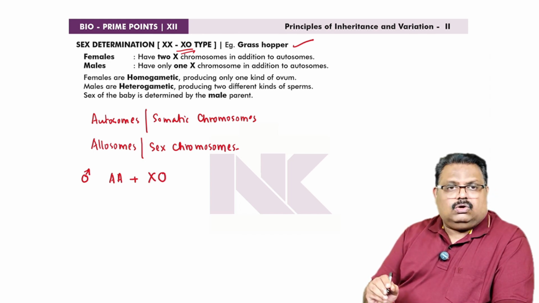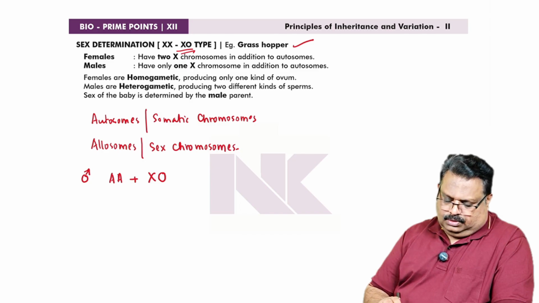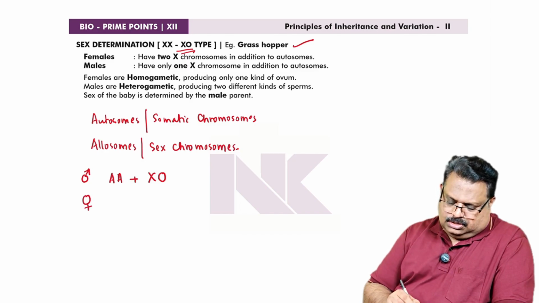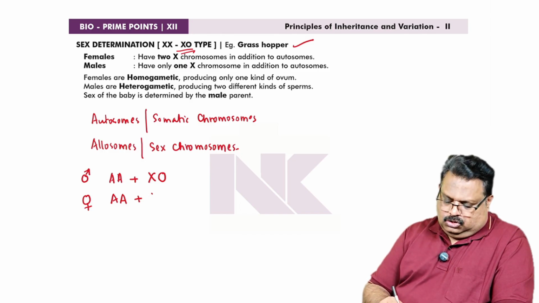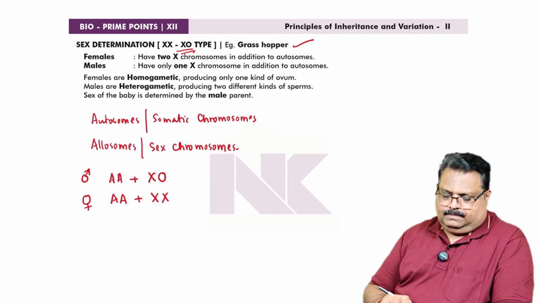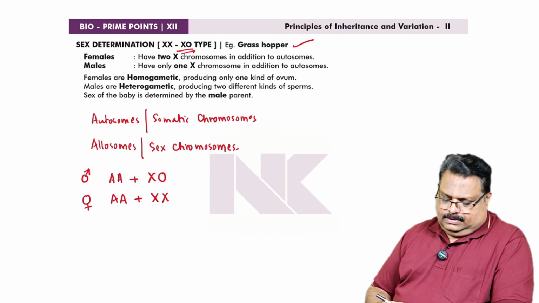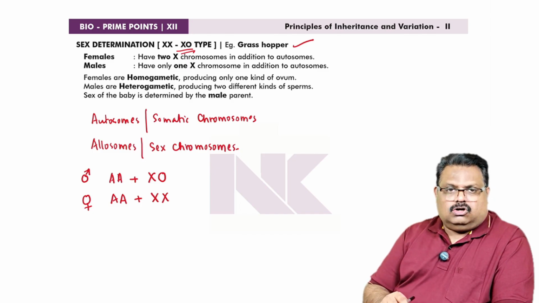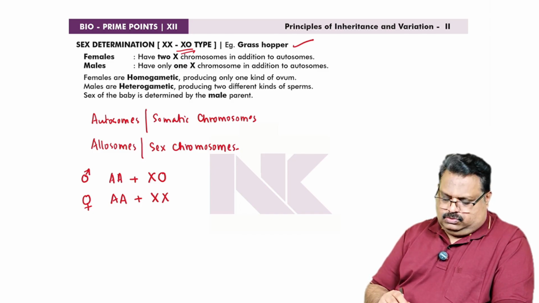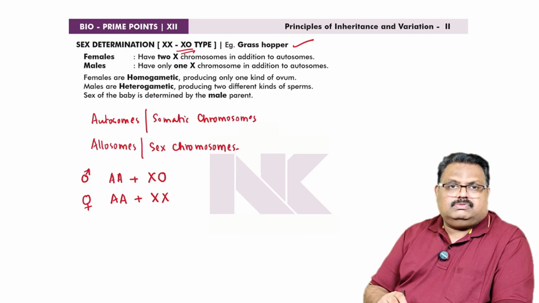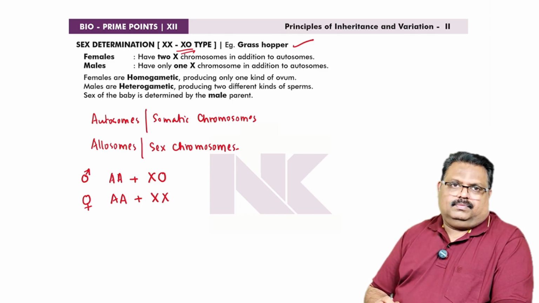The other part is O. But in females, autosomal pairs are there, and in addition to autosomes, 2 X chromosomes are there. That means in male, only 1 X chromosome; in female, 2 X chromosomes. One X chromosome is absent in the male. That is represented as XO.